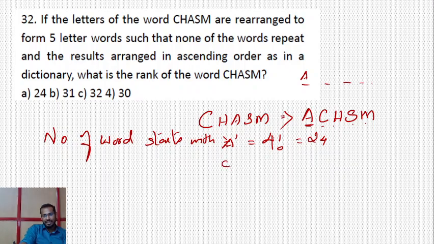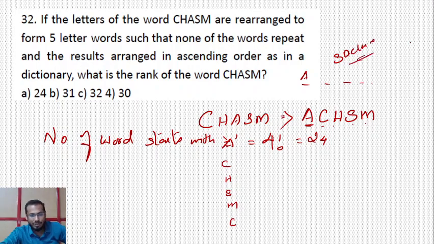Likewise, write it for C, then H, then M and S. Again, you need to start with C. So just find the answer for this and give your answer in the comment box. I already explained this using Sachin, so please try. If you don't know, I will explain it in the next video.